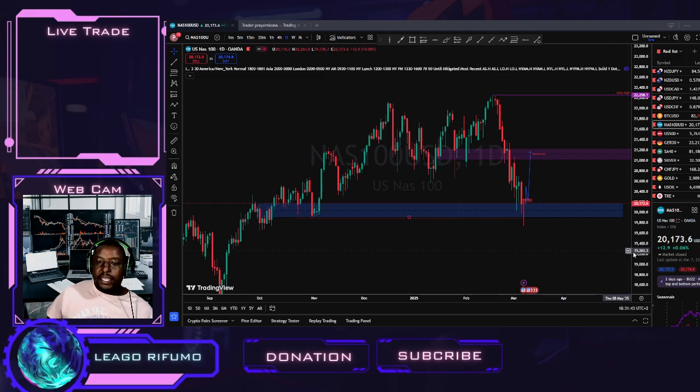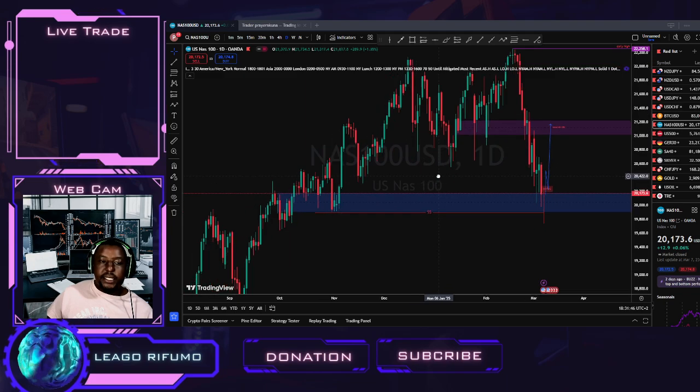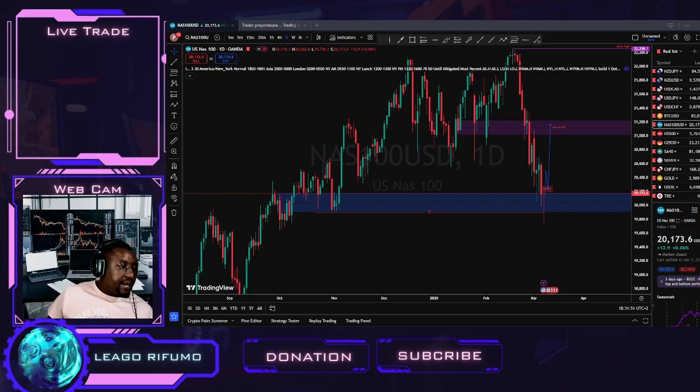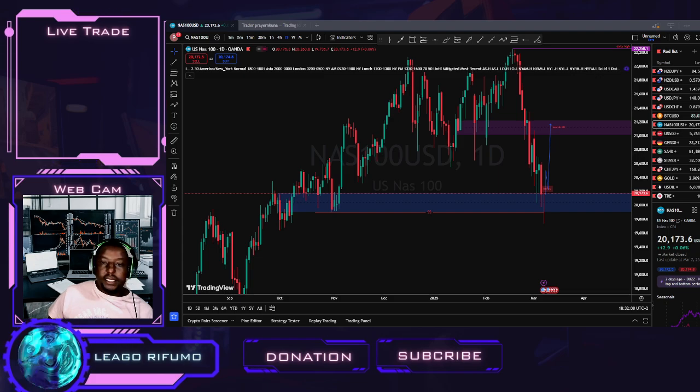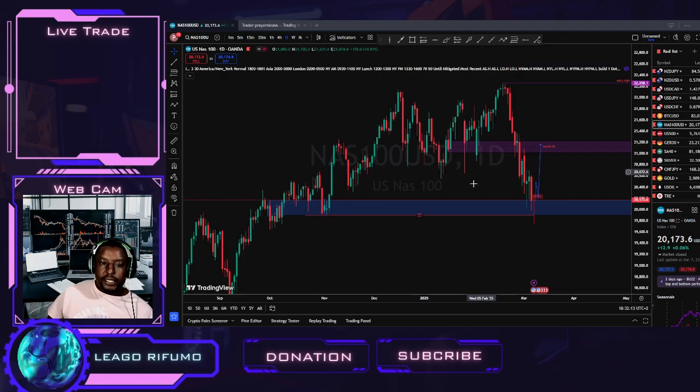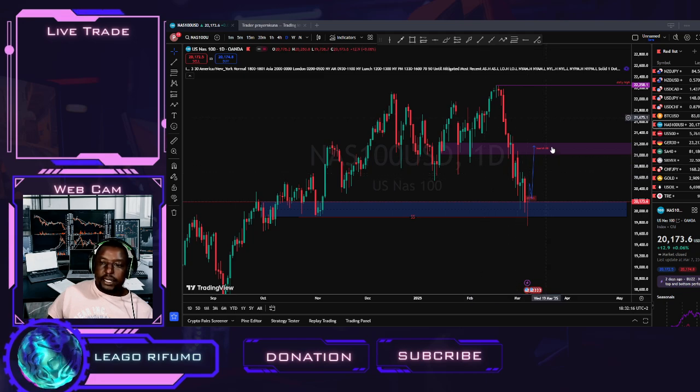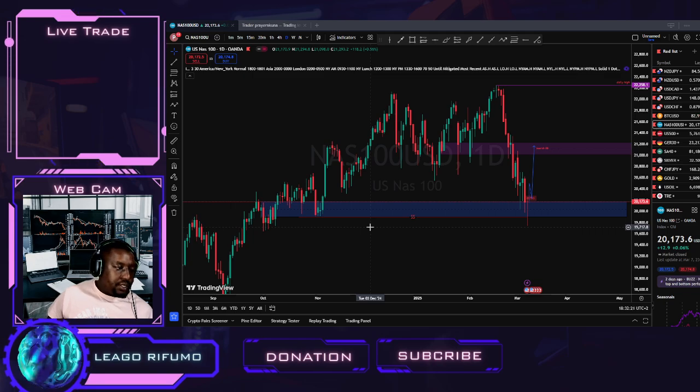Also, if there is a possibility of decreased interest rates, because if you have a lower CPI, a reading somewhere at 2.9, 2.7, along those lines, that would be an indication that in the next quarter we will see the Fed cutting interest rates. If the Fed cuts interest rates, that will be good for stocks, good for Nasdaq, good for the S&P 500 index as well. So that's a possibility of what I'd love to see.